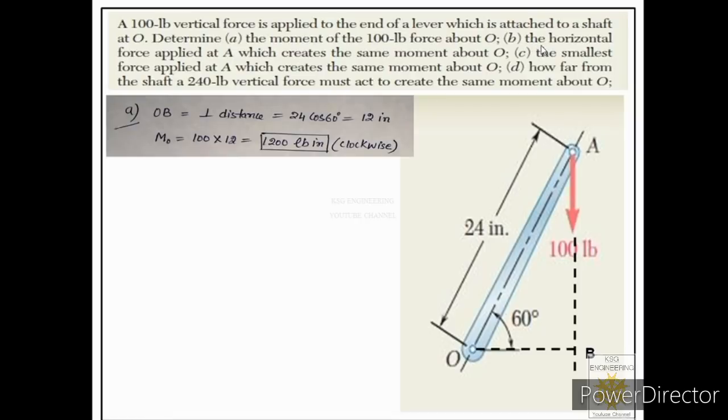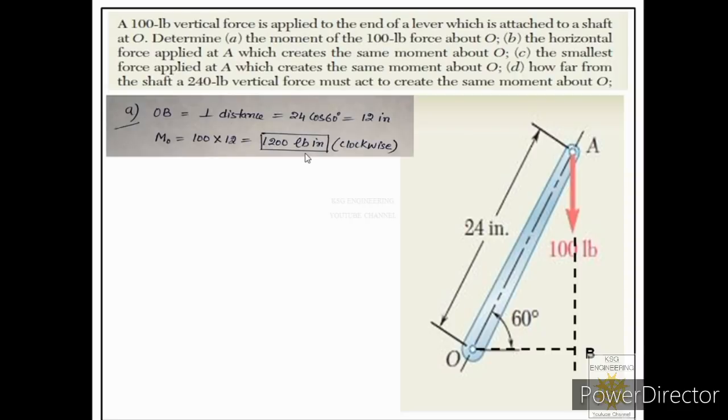Second part is: find the horizontal force applied at A which creates the same moment about O. So in the second part, he is saying that apply a horizontal force at A and then find what should be the magnitude of force at A if it generates the same moment about O which we have calculated earlier.